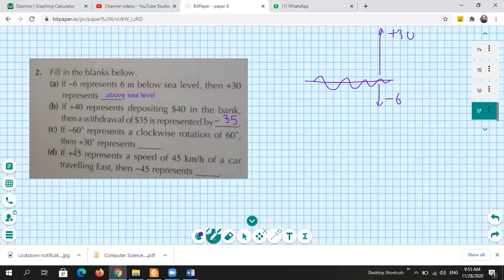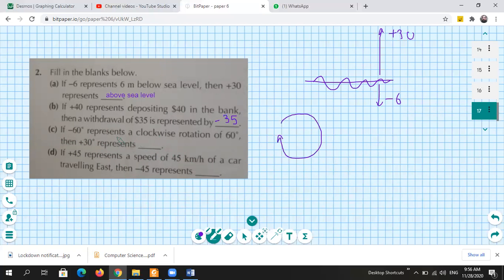Part C, if minus 60 degrees represents a clockwise rotation of 60 degrees, then plus 30 degrees represents. Clockwise rotation means along the clock, whereas positive 30 must be the opposite of the clockwise rotation, which is anti-clockwise or counterclockwise rotation.